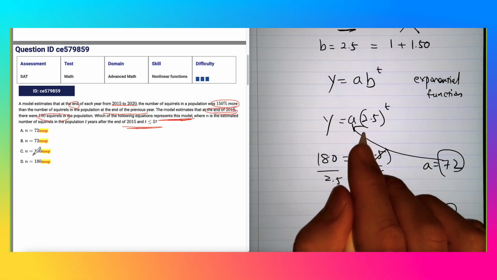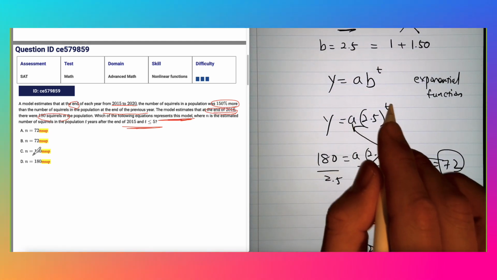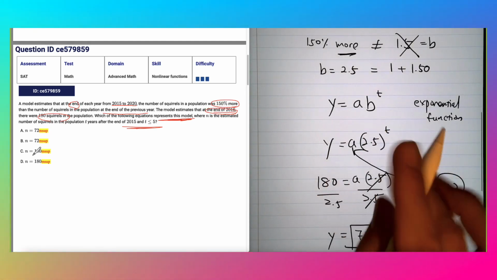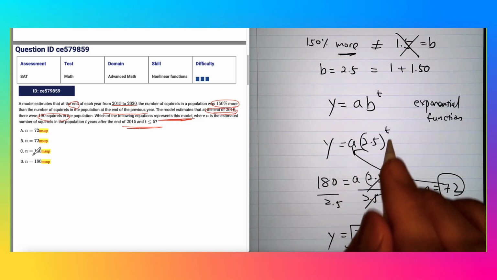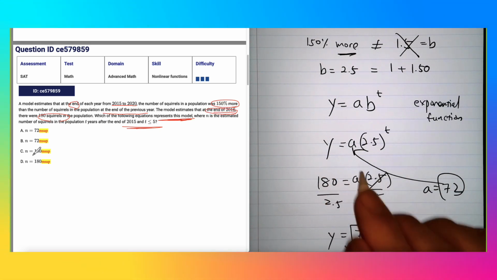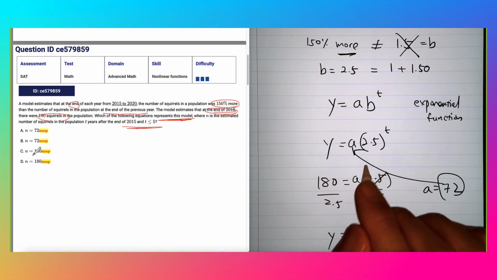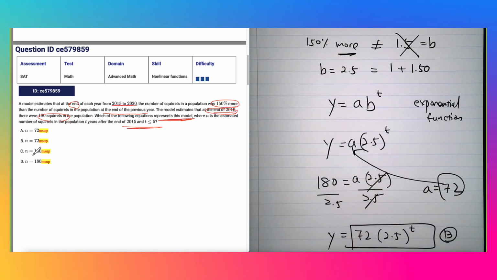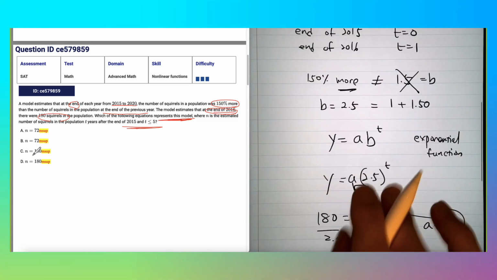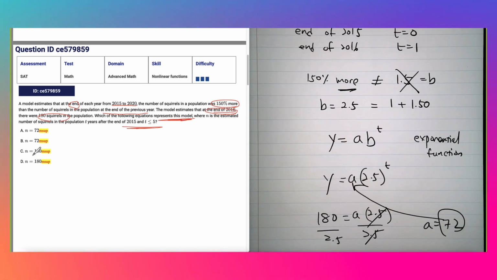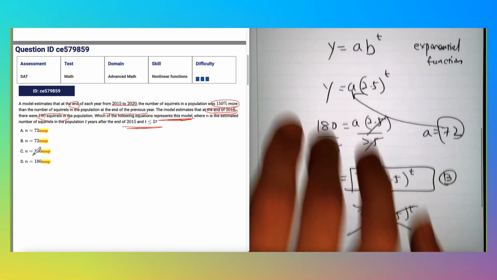Again, 180 is not a because that is the year that became 180, which is not the end of 2015, but instead the end of 2016. So that really makes it t equals 1. So please be careful. Alright, so again, the answer is B.